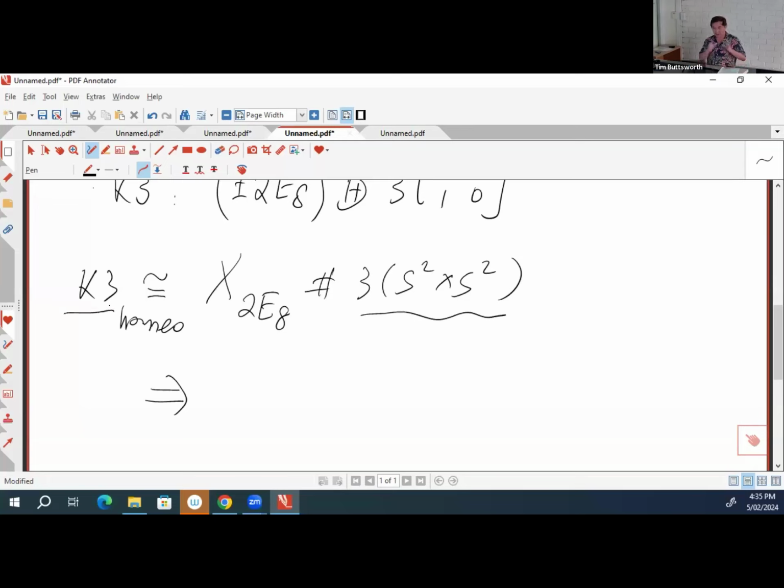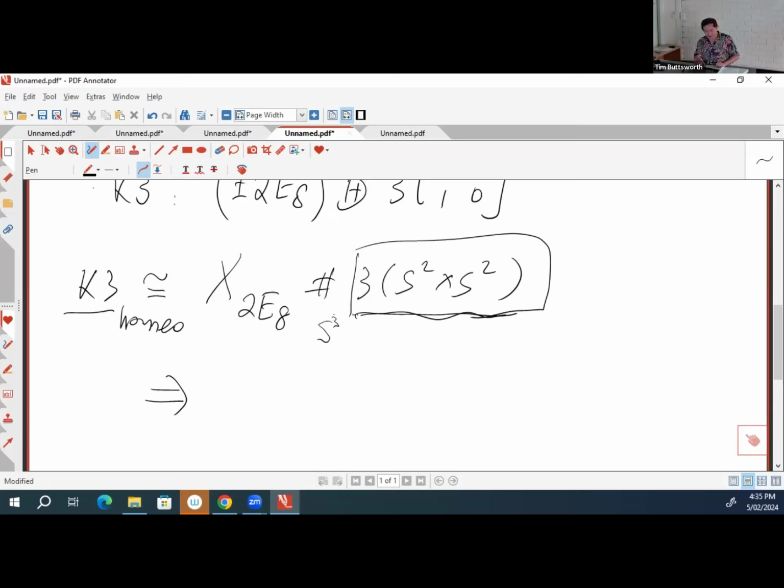Inside K3 you can find some manifold with boundary, and this manifold's second homology is essentially just the same as 3 copies of S2 cross S2. And then the connected sum, here you have this S3 connected sum.